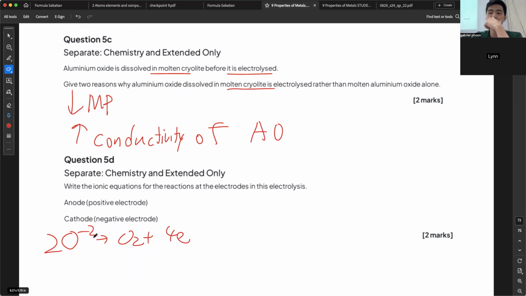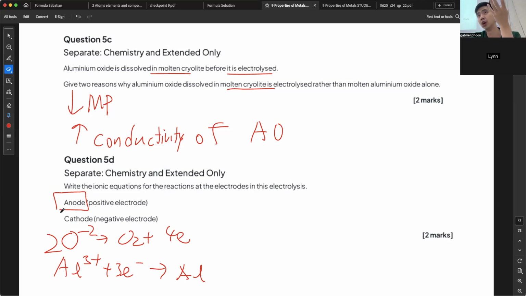Okay, and the anode and cathode, you can literally refer to your notes. In this case here, it will be Al3+ plus 3 electrons becomes Al. If you are confused, the first question to ask yourself is whether this electrode, the anode, is positive or negative.